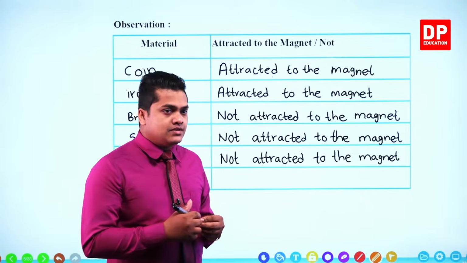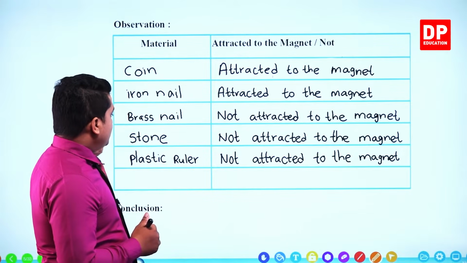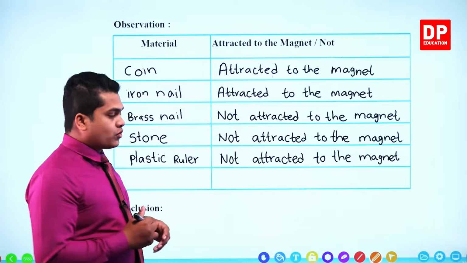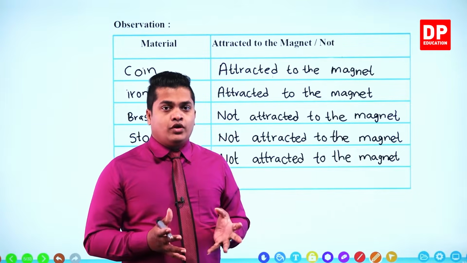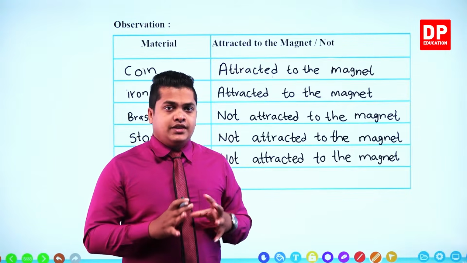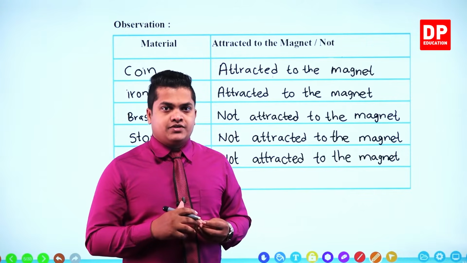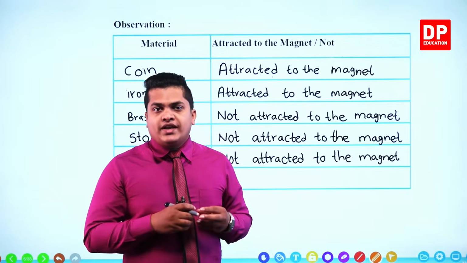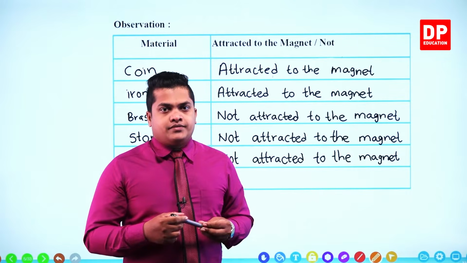So what are the examples? Brass nail, stone, plastic ruler, wood, cloth, those kinds of materials do not show any magnetic properties. Those things are not getting attracted to a magnet.